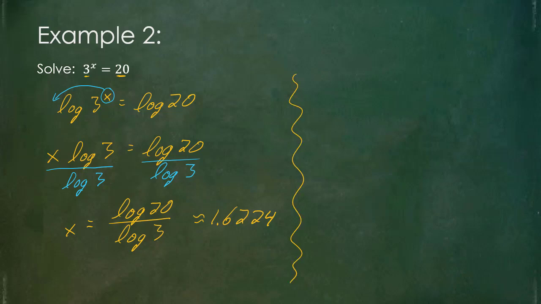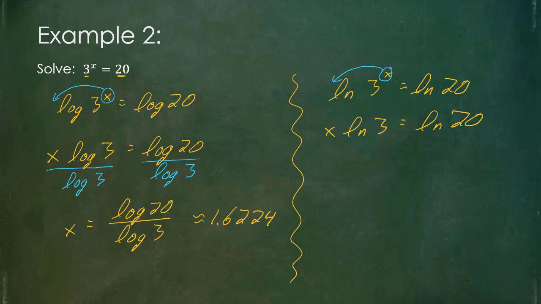So just to show how that would have worked, I could have said the natural log of 3^x equals the natural log of 20. Still would have done the same thing, moving the power out front. And then I would have been able to divide by that natural log of 3, just like we did before.